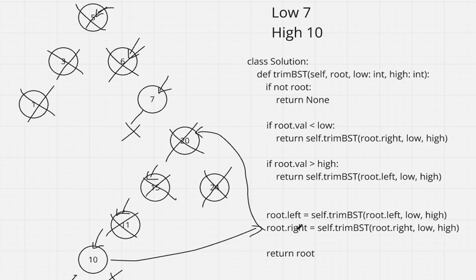It becomes root dot right and eventually returns from the function. So the final tree will be just 7 and 10. Ta-da! Done. Bye bye.